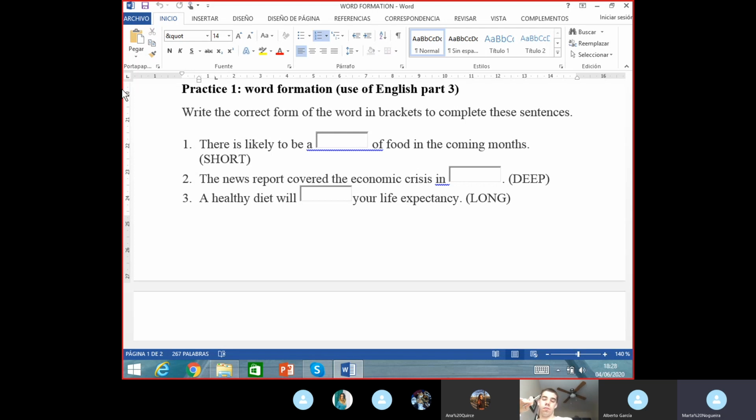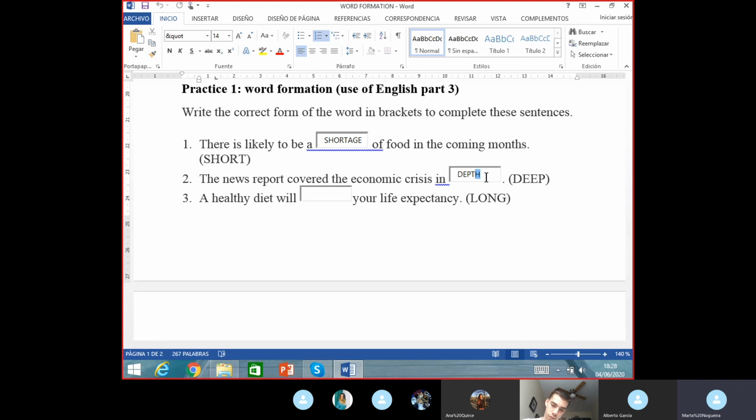Okay, so I'm gonna do it if you want, just for the sake of time. So, guys, first: there is likely to be, I have a determiner, so I need a noun, a shortage of food in the coming months. 2, the news report covered the economic crisis in depth, en profundidad, in depth.